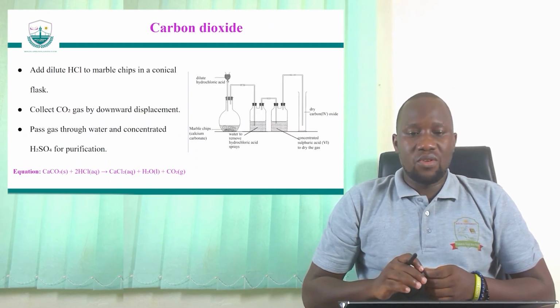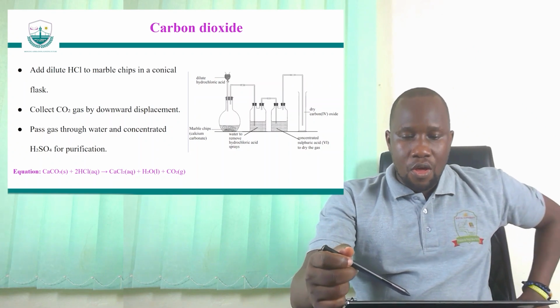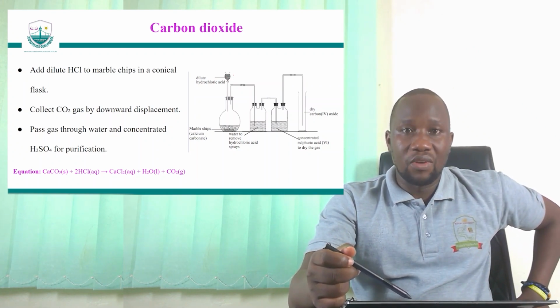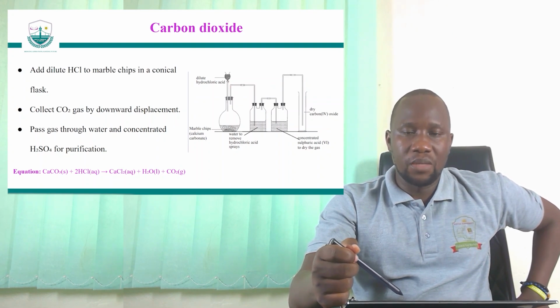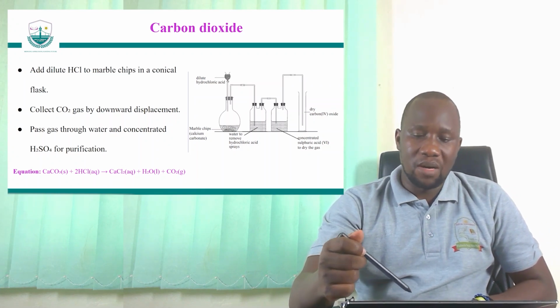So how do you make carbon dioxide in the lab? The setup is as follows. You make carbon dioxide from the reaction of dilute acids, and in this case we are using hydrochloric acid reacting with what we call marble chips. Marble chips means calcium carbonate.